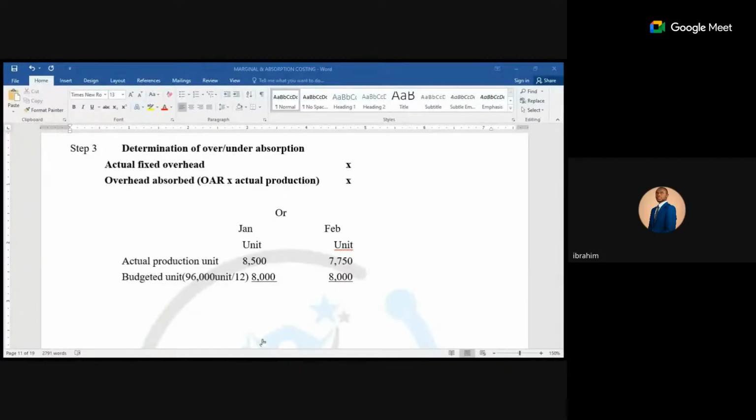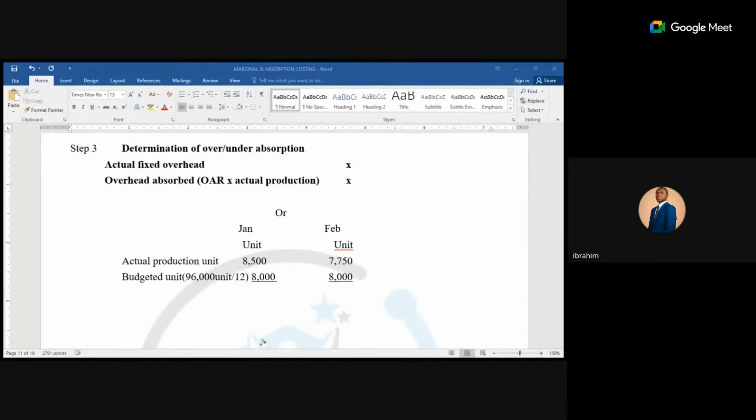Change the approach to units produced and budgeted. You produced 8,500 units, and you budgeted for 8,000 units. Is it over or under absorption?